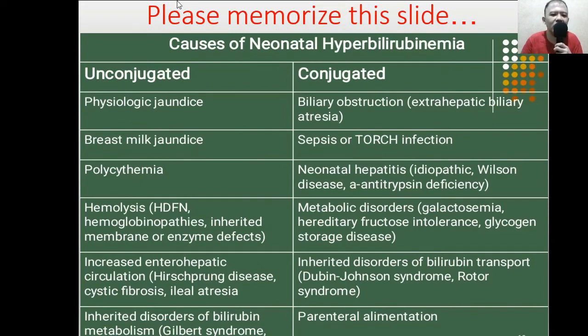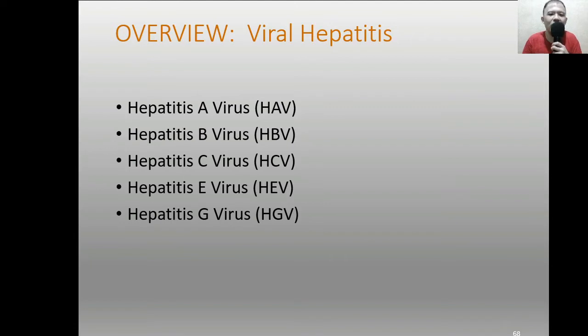Take note: physiologic jaundice, breast milk jaundice, hemolysis, which we mentioned, infection, obstruction, and not to forget Dubin-Johnson and Rotor, as well as Gilbert and Crigler-Najjar. As I've said before, this is under the topic bilirubin. So we're done with neonatal jaundice.